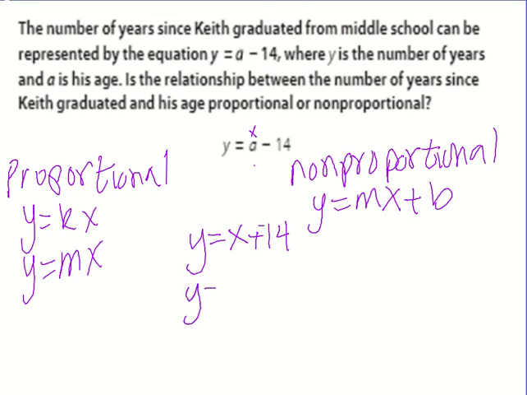So now it's y equals x plus negative 14. Okay, we're getting close. And if we're worried about this m, we need to remember that there is an x there. There's at least one. So we would say y equals 1x plus negative 14.